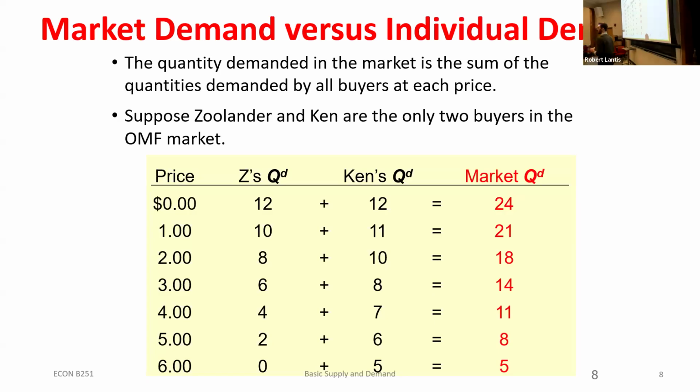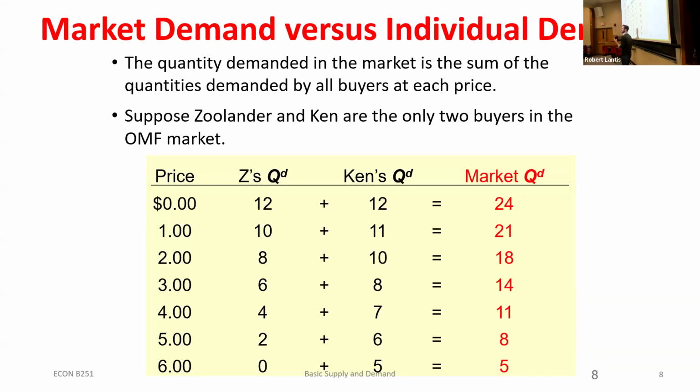Now, I just want to make a point here, something we've already talked about. What's the marginal benefit of the 8th drink to Zoolander? How do we determine the marginal benefit? From our demand curve, it is represented by the price they're willing to pay. So what price does Zoolander buy that 8th drink at? $2. So it must be that the marginal benefit of that 8th drink to him is $2.